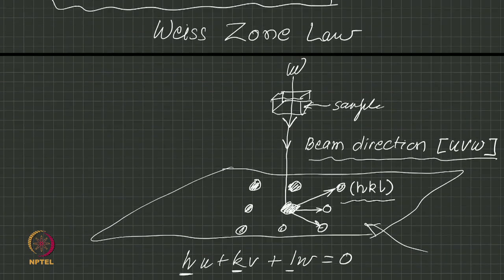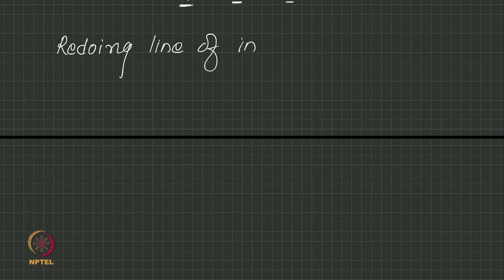Here we are not going into that sort of experimentation, but let me just show you a quick example of what we did last time, redoing the line of intersection of two planes.